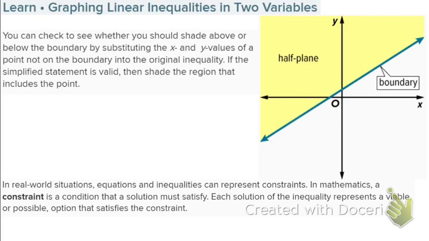My favorite one to pick, because it is the absolute easiest, is the origin. Because what's the ordered pair for the origin? 0, 0. So when I go to test that one, I put 0 in for x, I put 0 in for y, and I can multiply by 0 in my head. The only time I can't use 0, 0 is when?